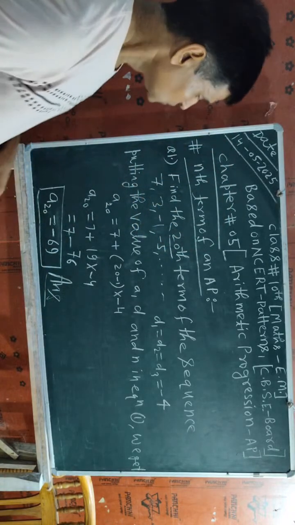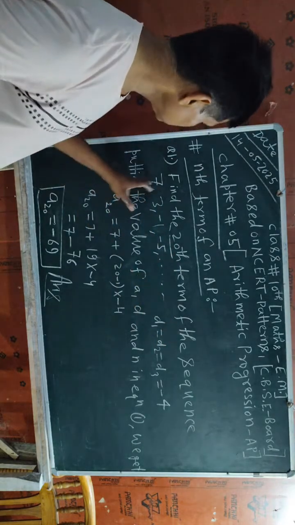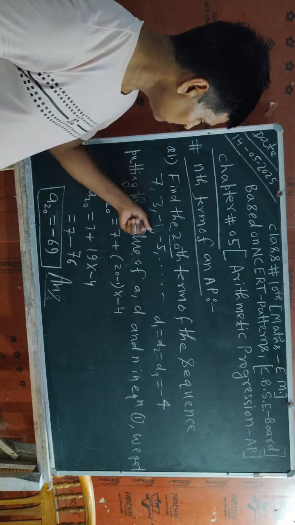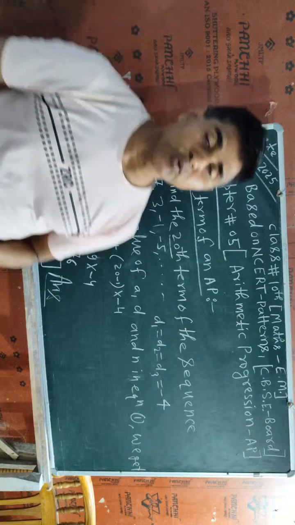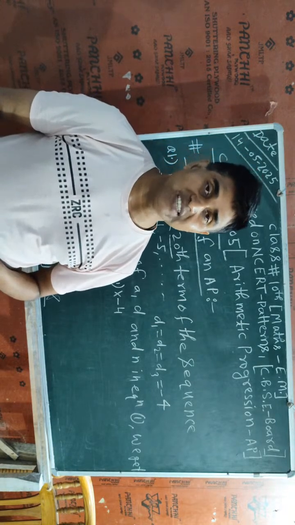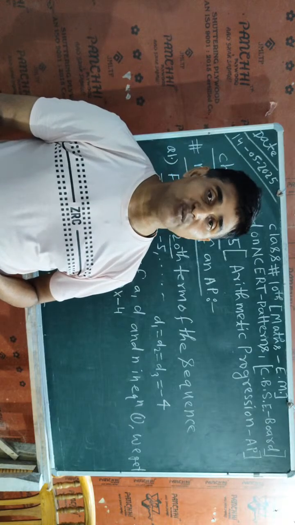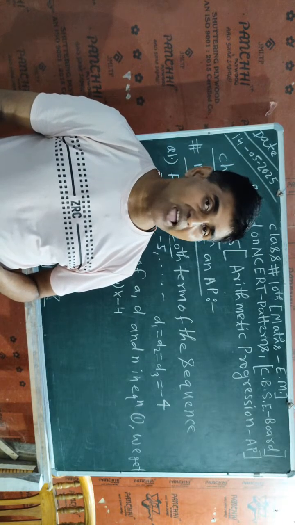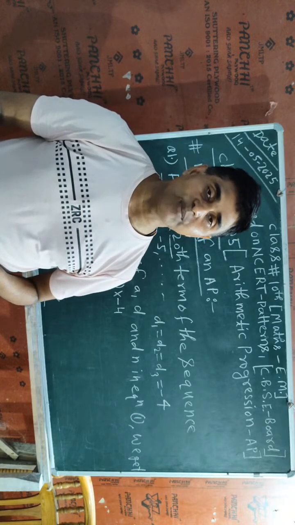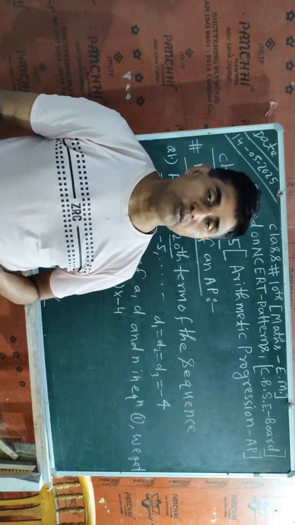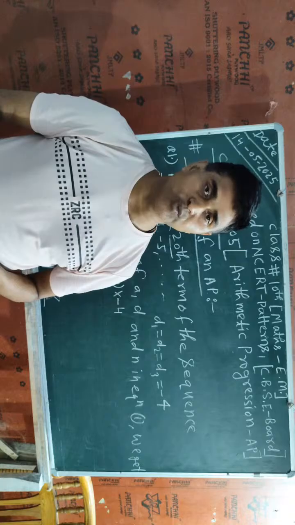Okay, student. So the question was: find the 20th term of the sequence 7, 3, -1, -5, and so on. First of all, I have to check whether the given sequence is an AP series or not. To check that, I calculate the common difference of every two consecutive numbers. If the given sequence is an AP, the common difference will be the same.